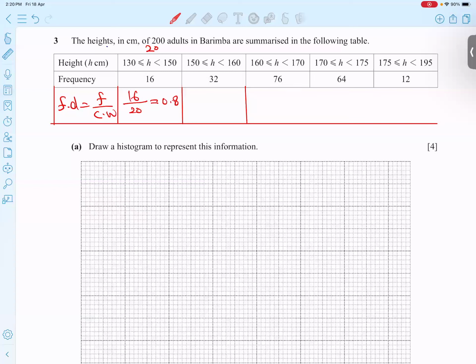Second last, 64 divided by the gap of 5. If you divide this one, it turns out to be 12.8. And 12 divided by the gap, which is 20. We divided and got 0.6.